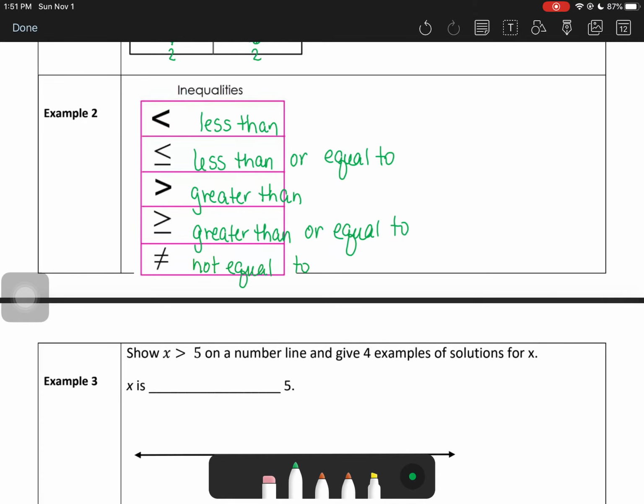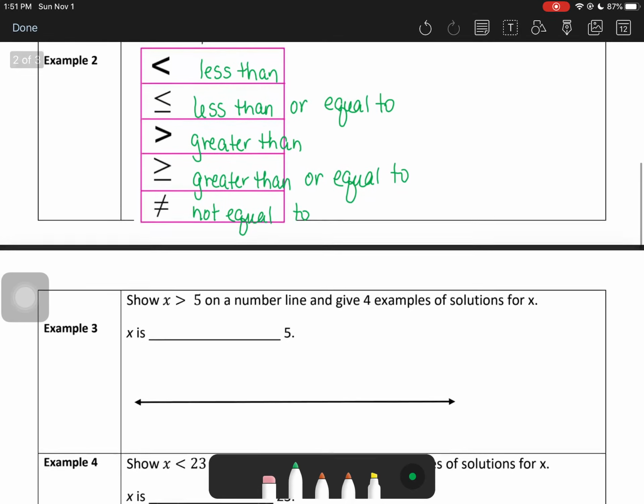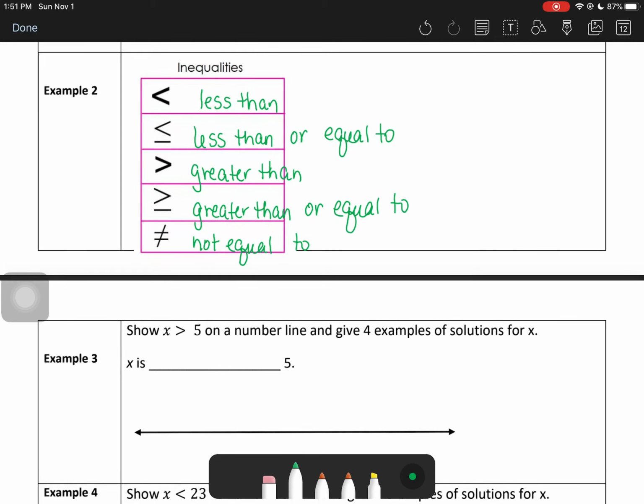So we are going to show on a number line and give examples for the x. Before we do that, we need to remember that if it's less than or greater than, it's going to have an open circle to show that when we are graphing, it cannot be this number.